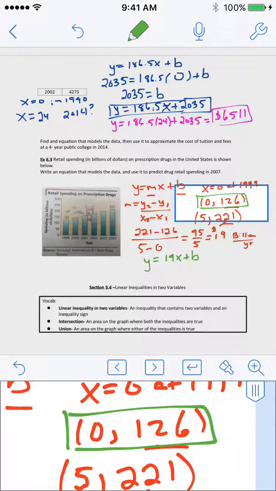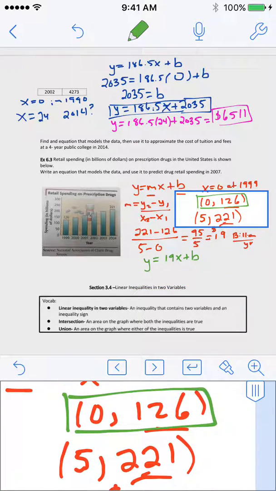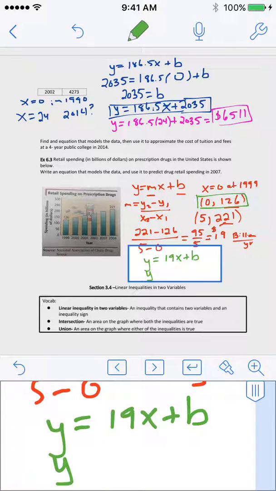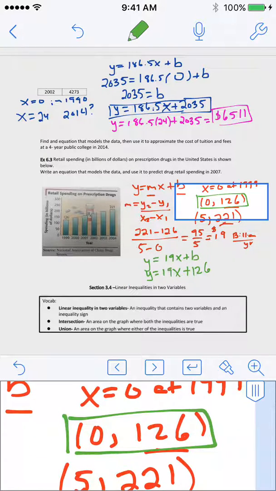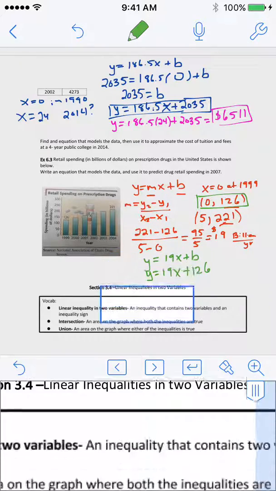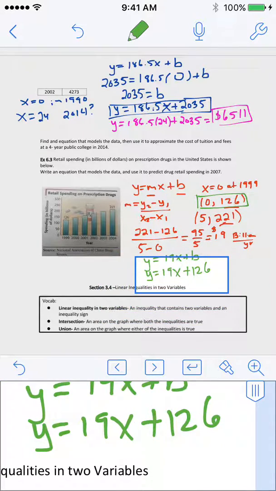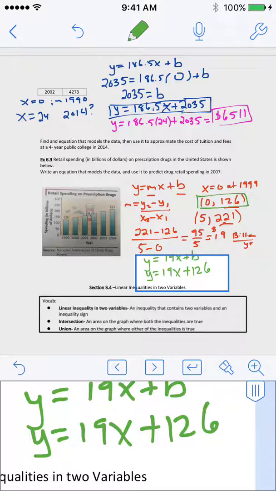So if you want to save yourself 20 seconds, you can just say, oh look, 0, comma that value, therefore b must be that value. Y equals 19x plus 126. Because this is our y-intercept, we know it's 0, comma b, therefore we know b. We don't need to go and solve for it. That is a nice little shortcut if possible.